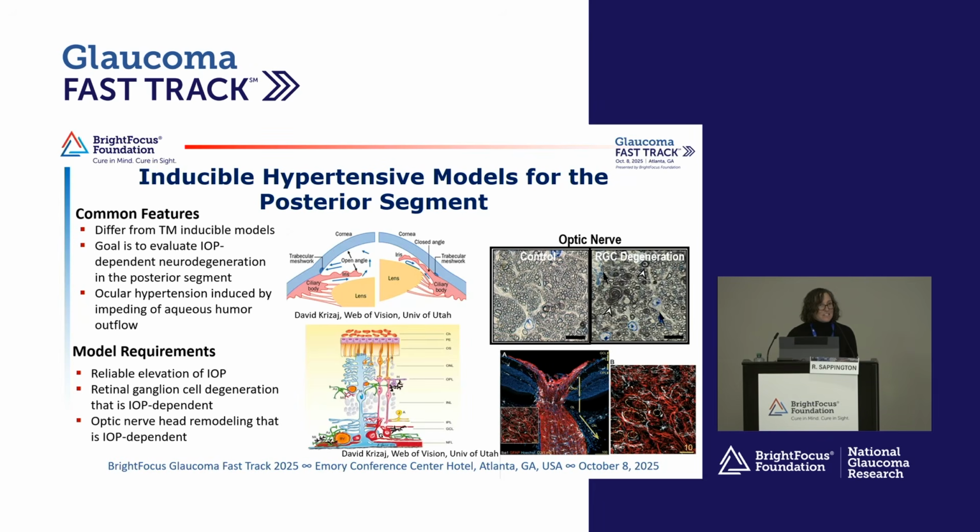And I added a third one, which we can discuss during the panel later on, that optic nerve head remodeling, in addition to ganglion cell degeneration, I think is actually a feature that is shared and necessary, in that it covers things like glial cell reactivity and changes in extracellular matrix.